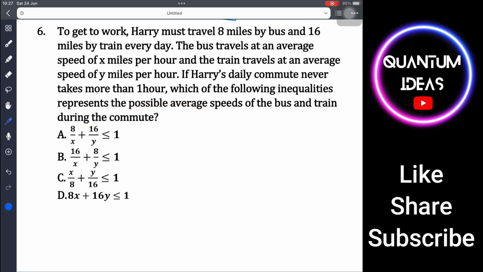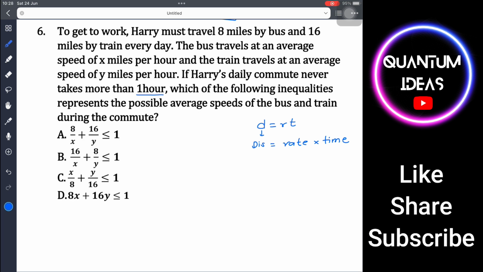So we have to set up an inequality. This problem involves rate. We know the equation d equals rt, where d is the distance, and distance is equal to rate times time. Let's check. If Harry's daily commute never takes more than 1 hour, the traveling time is equal to 1 hour or less than 1 hour, not more.